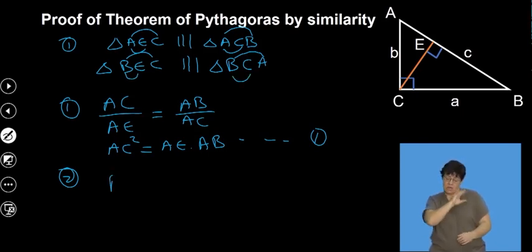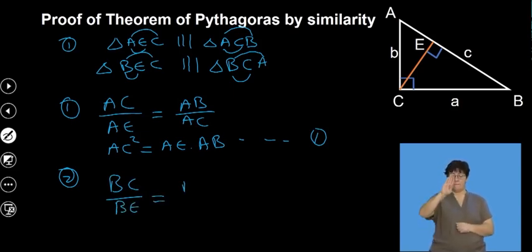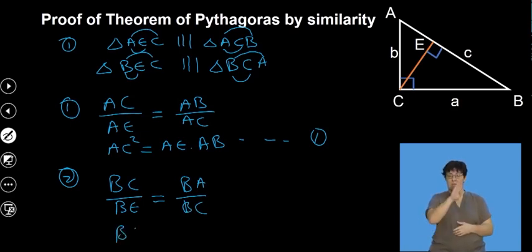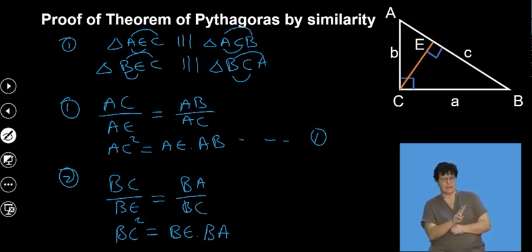So it will be BC over BE is equal to BA over BC. Then I also cross multiply here. It becomes BC squared is equal to BE multiplied by BA.